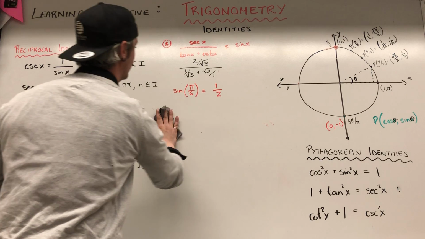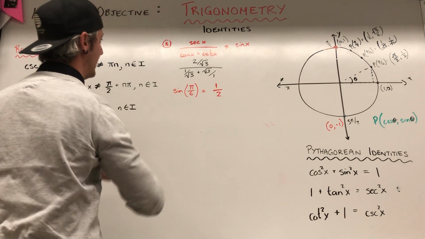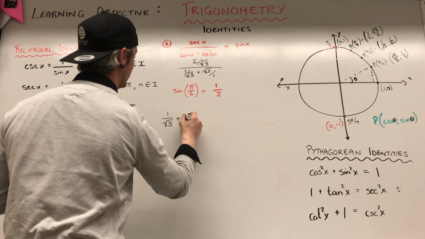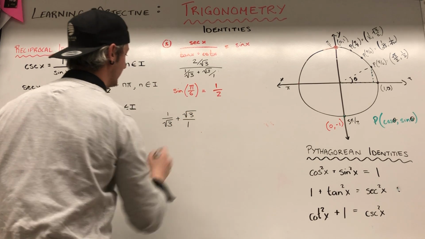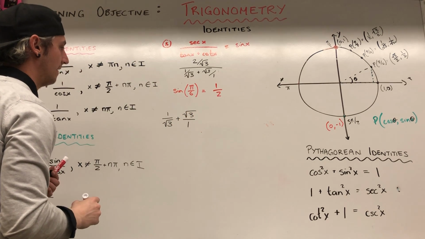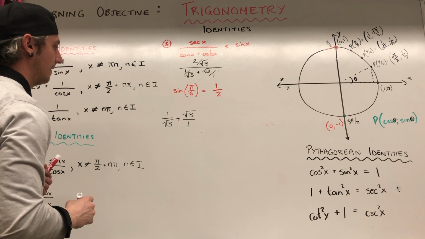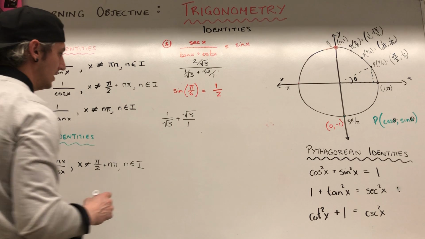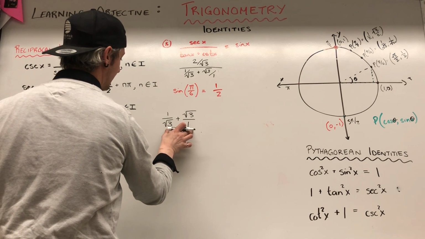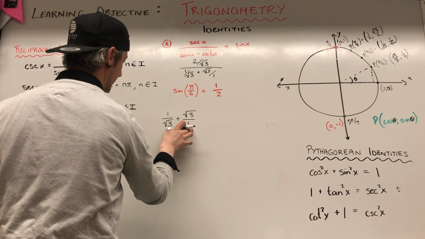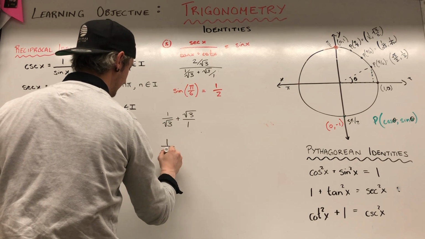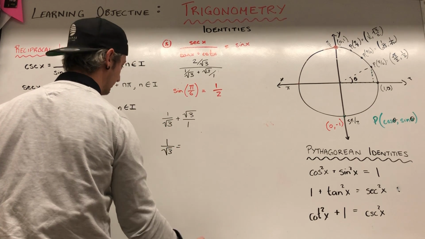Okay, here we go. So let's do the math here. I've got 1 over root 3 and I'm adding root 3 over 1. I need a common denominator to be able to add these two together, and it's clearly going to be root 3. So 1 over root 3 is just the same as 1 over root 3.